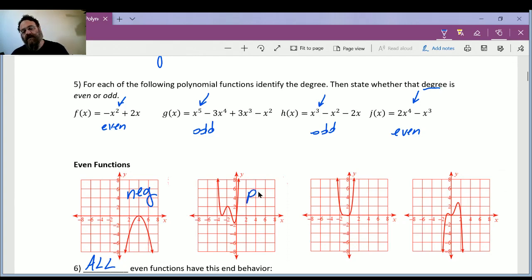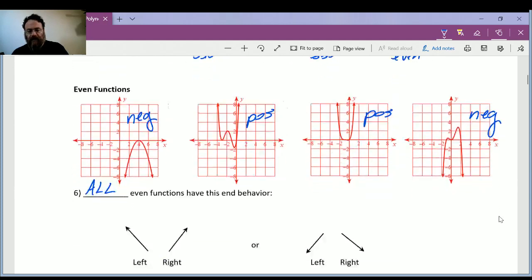This one would be a positive leading coefficient, whatever it is, because they're both pointing up. This one is also positive because the left and right arrows are both pointing up. And this one has a negative leading coefficient since both the left and right arrows are pointing down. So that's even.